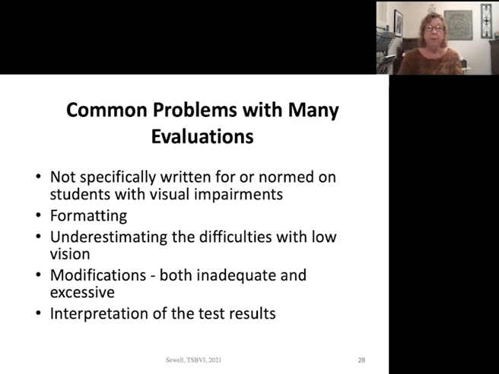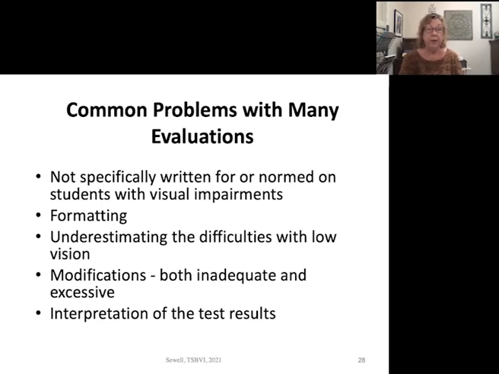Finally, common problems with many evaluations. Typically, evaluations like the ones I just mentioned, the Brigance and the Key Math and some of those other evaluations, the informal reading inventories, were not written specifically or normed on students with visual impairments. So that could be a problem because of formatting.